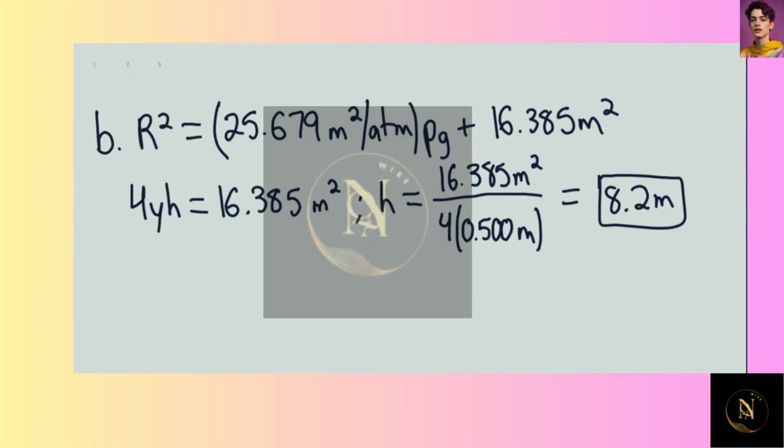And then we want to find the density of the liquid. So we can say that the density is going to be equaling 4y divided by the acceleration due to gravity times the slope.